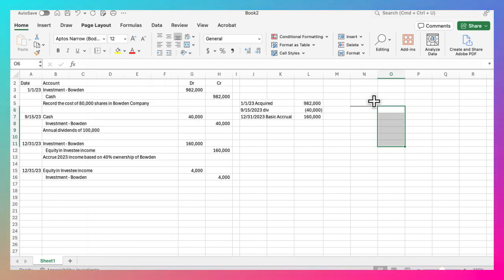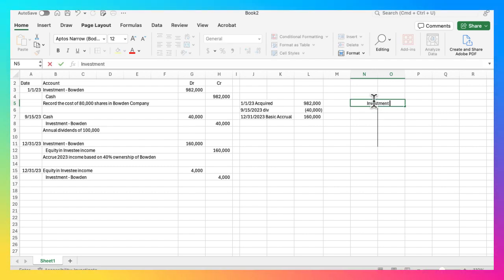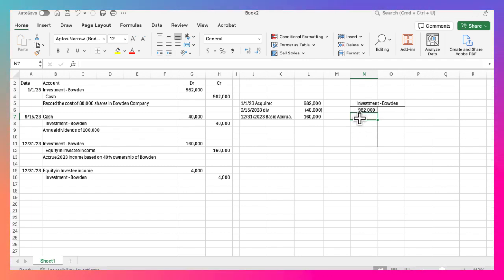So, investment in Bowden. Well, first thing we do is buy $982,000 worth of it. It's an asset. I'm increasing the asset. It's a debit. Great. Investment in Bowden. Oh, what happened here? They paid their dividend, that $40,000. Post it to the T account.